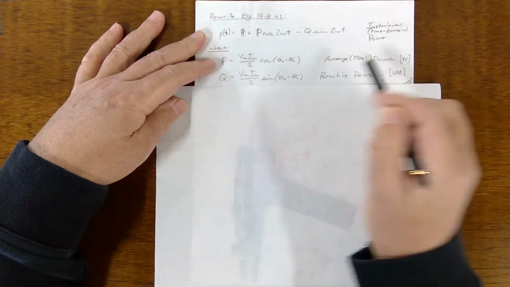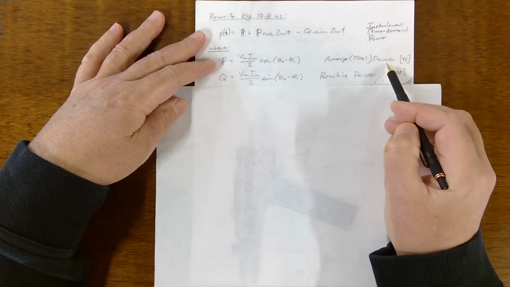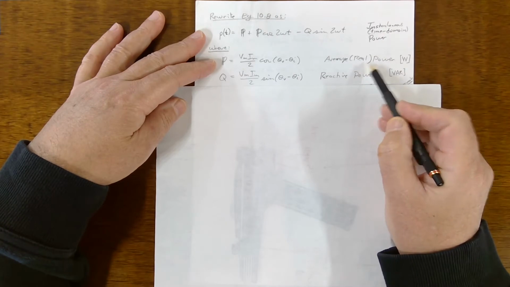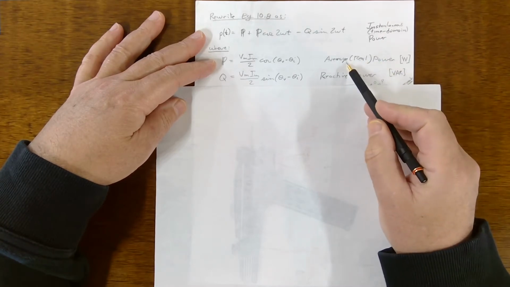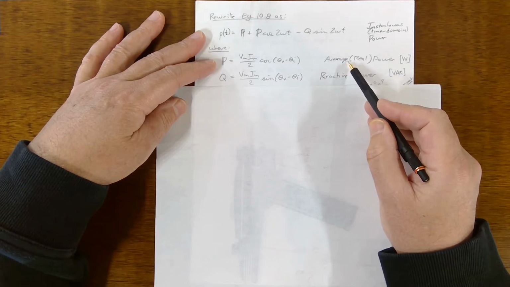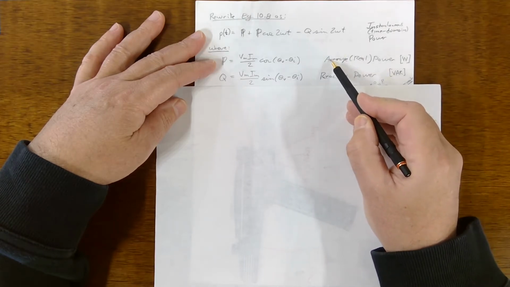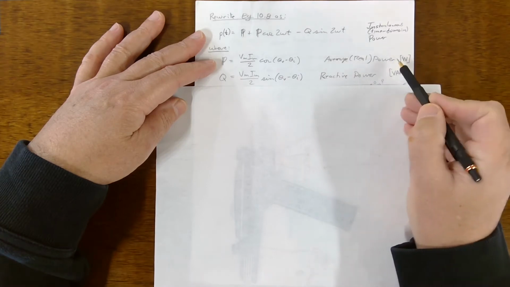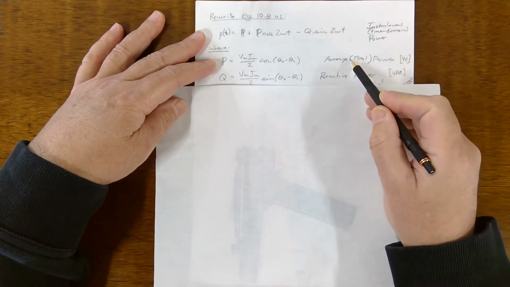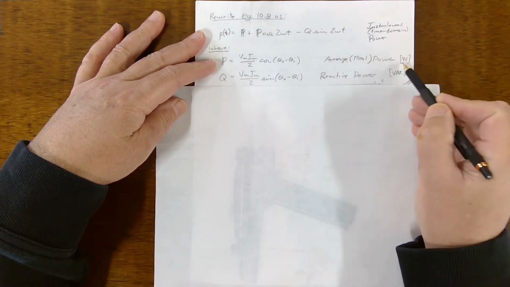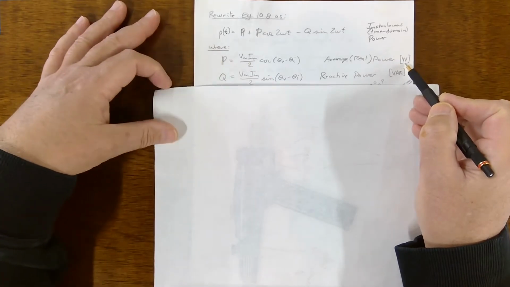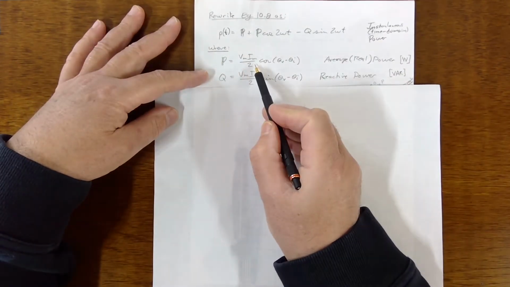So P is the average real power. This is the power that's doing work for us. It's the average power. If you look at the graph, you can see that it is, in fact, the mathematical average. We also call that the real power. It has units of watts, and it's given by this term.